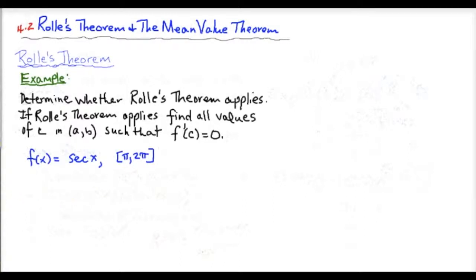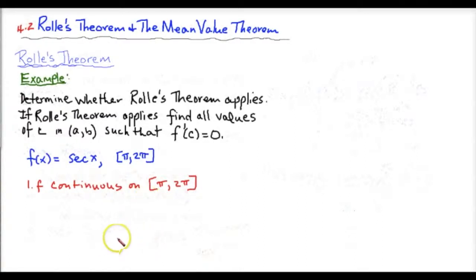Okay? So we're going back to our three conditions. The first condition that we need to make sure happens is that f is continuous on the closed interval from pi to 2 pi.